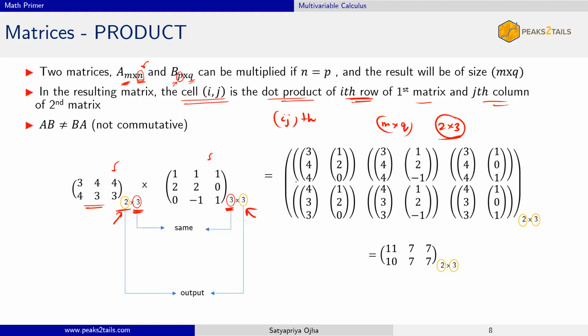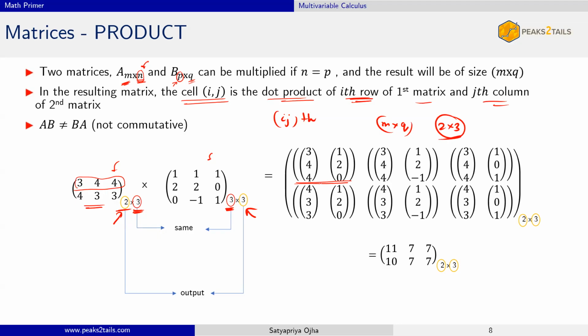I know that. This is the first cell. What is the nomenclature of the first cell? Who can tell me? How do we reference the first cell of a matrix? A11, exactly. First row and first column, so A11.